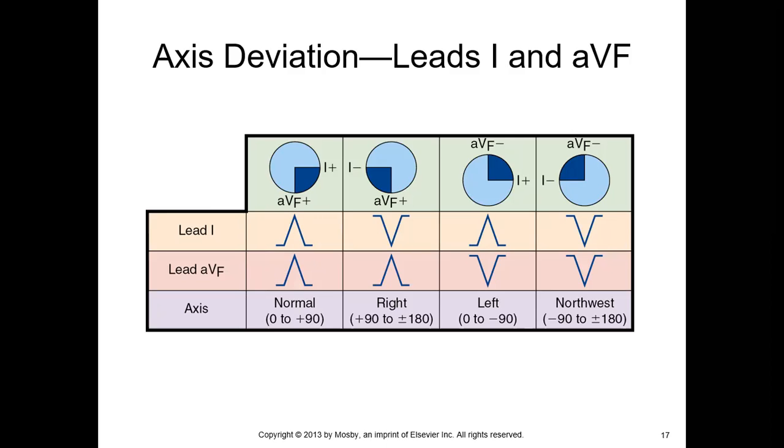Right axis deviation, if the QRS complex is primarily negative in 1 and positive in aVF. So if it's mostly negative in 1 and positive in aVF, then it's going to deviate to the right.